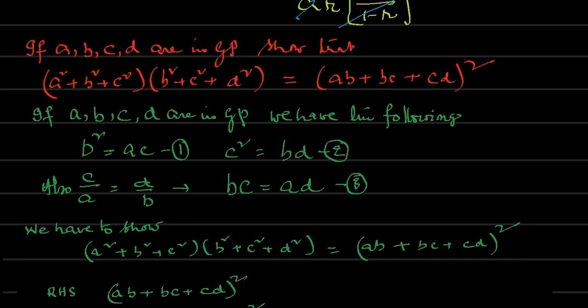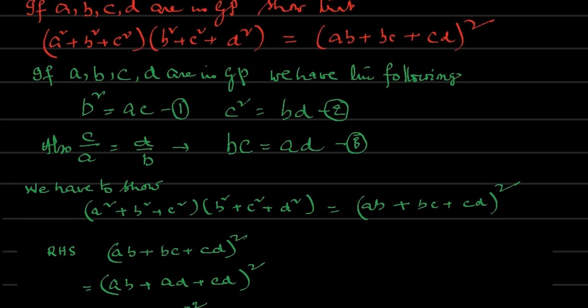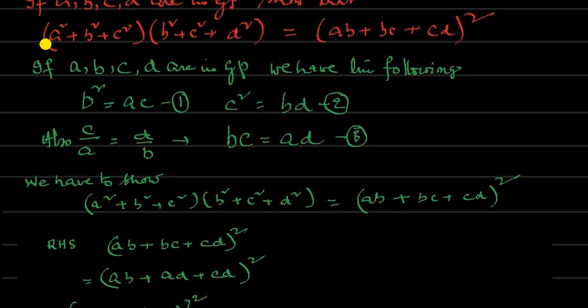This is very important, but very laborious, because we will be confused to see A, B, C, D, A square, B square, C square in such a manner.